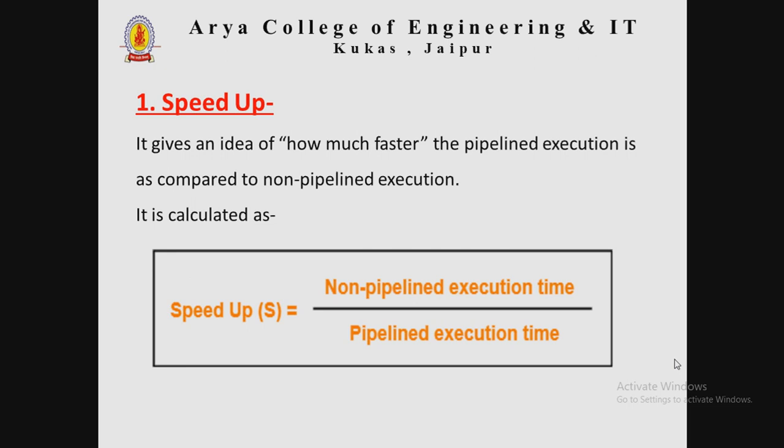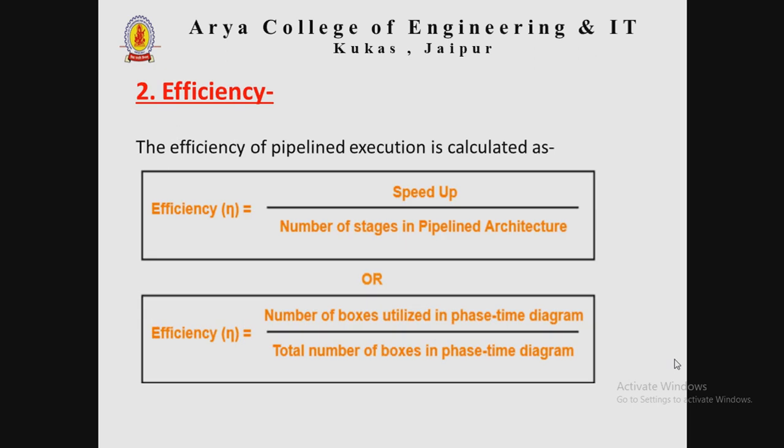Speed up S is equal to non-pipeline execution time divided by pipeline execution time. The result we get after putting the values in the formula gives us the comparison of non-pipeline execution and pipeline execution.